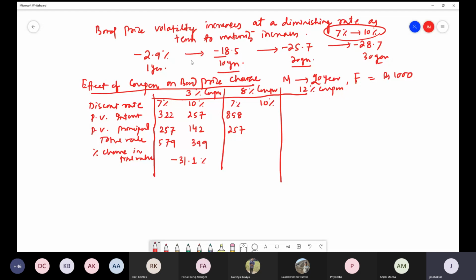Then that will become 1115. At 10%, this will be 686, this is 142, and this will become 828. Then that has become minus 25.7%. And like that, if you go for 12% coupon bonds, you will find a price change fluctuation of 24.1%.